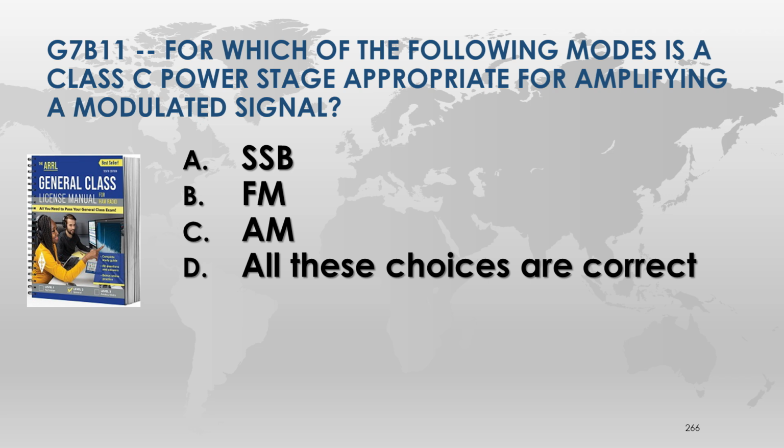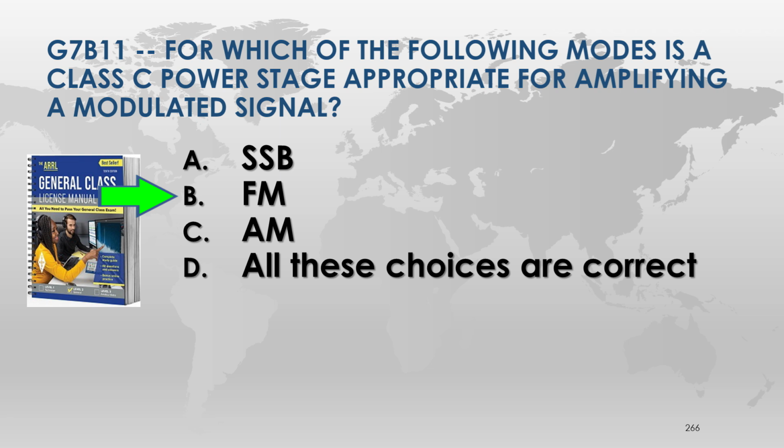Class C, the most efficient and the most distorted. Where does that not matter? How about alpha? Do you want to listen to an AM distorted signal? It's continuous wave. Alpha. Bravo!